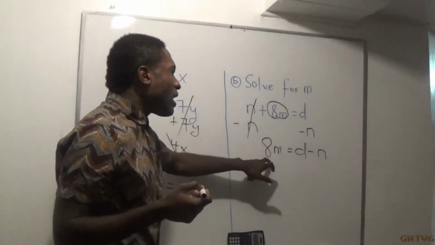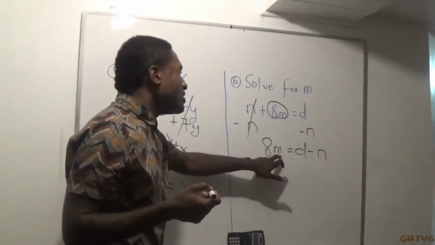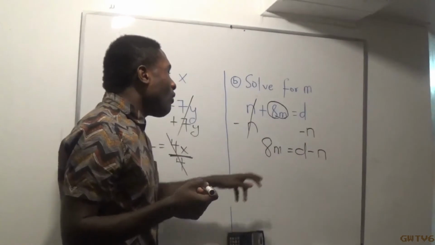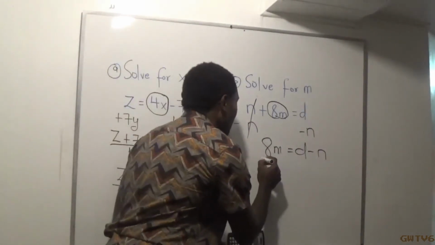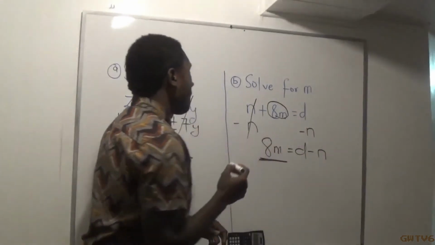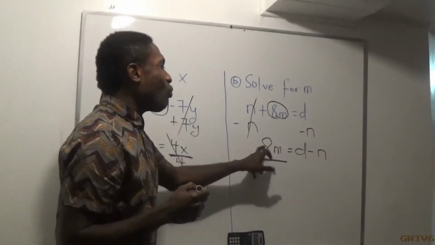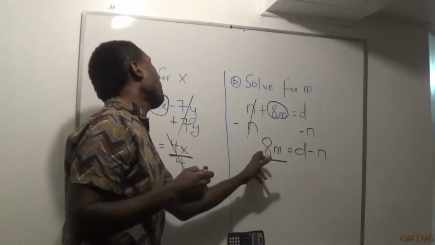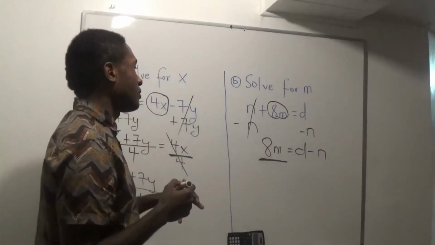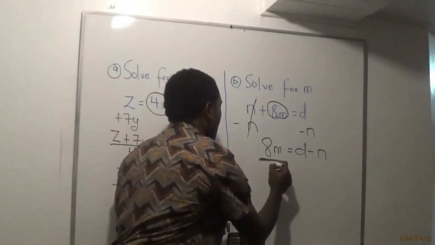And anytime I have a number with a variable, and I want to get just the variable by itself, the only way to get a variable by itself is to divide by the number with the variable, whatever is with that variable that you want to solve for. And the 8 happens to be with that variable that I want to solve for. So I want to divide by 8.